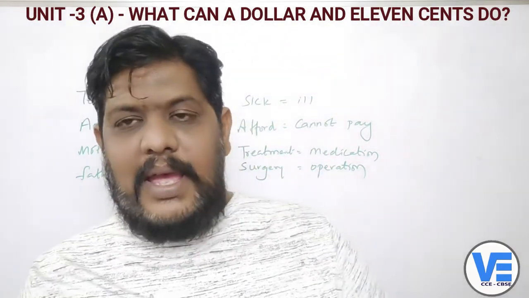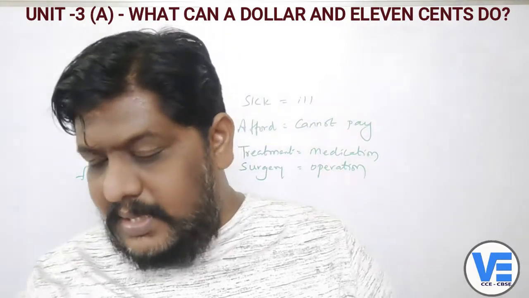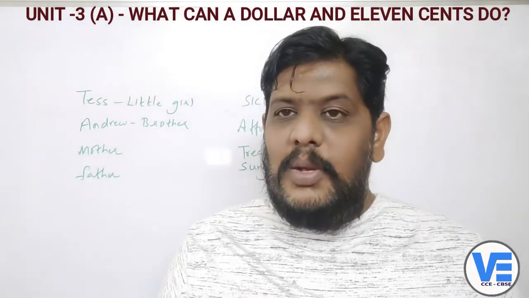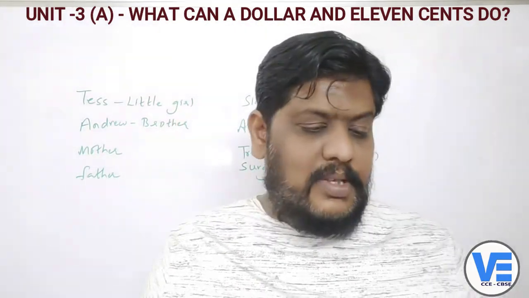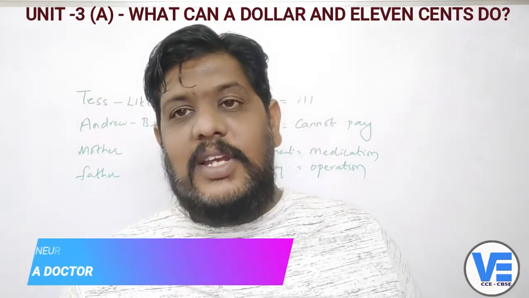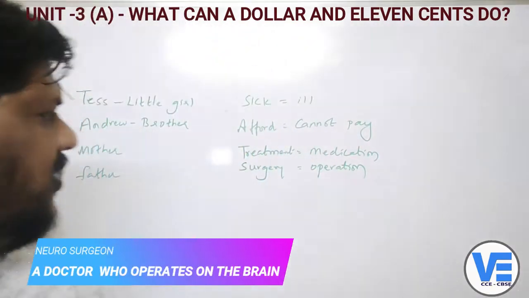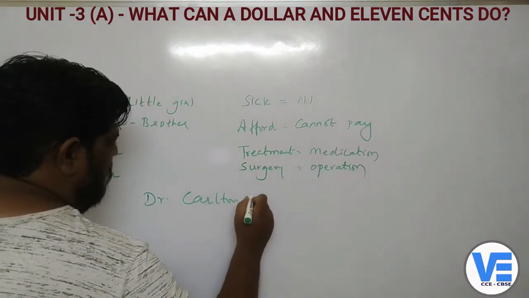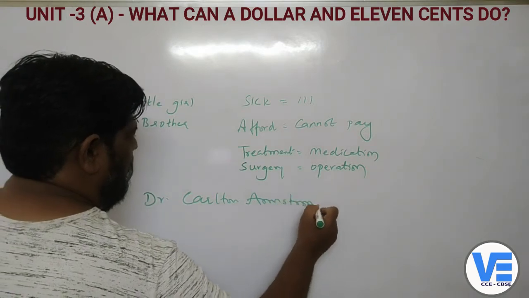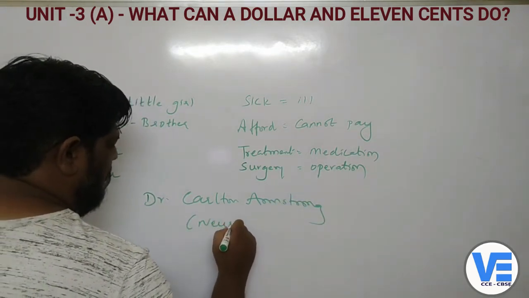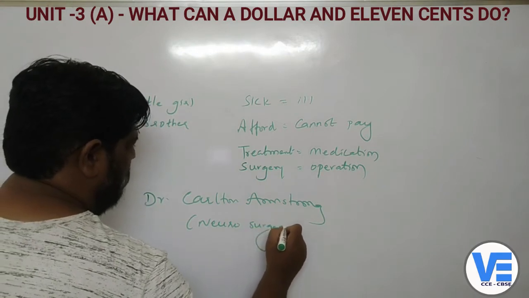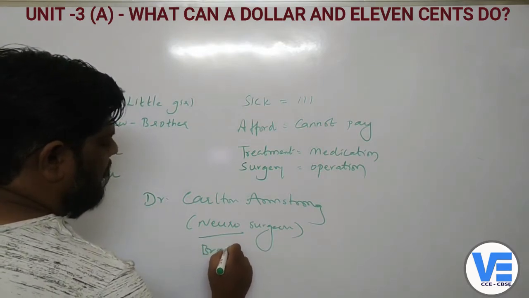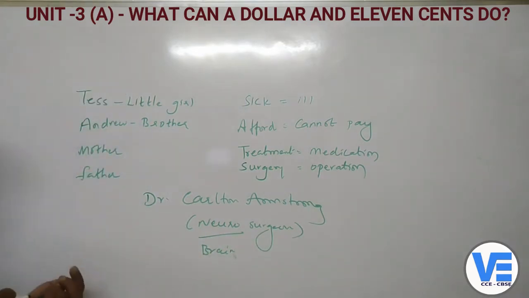The well-dressed man, what's his name? His name is Carlton Armstrong, and he is a doctor by profession. He is a neurosurgeon, Dr. Carlton Armstrong, who performs operations on the brain.